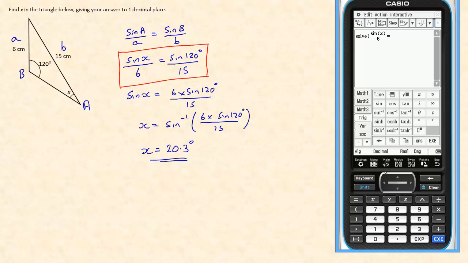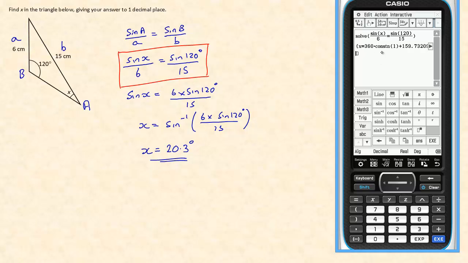That's equal to sine of 120 over 15. And let's just execute that.